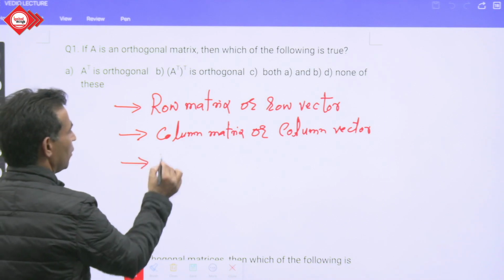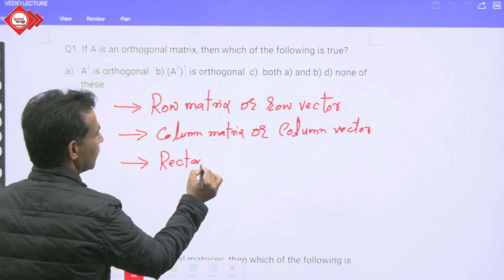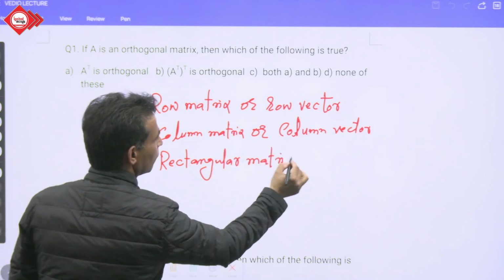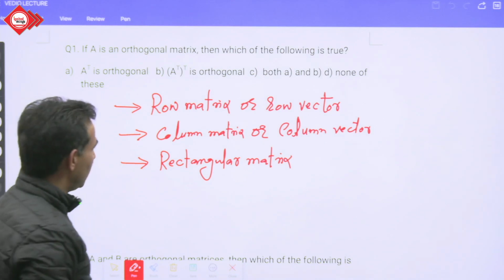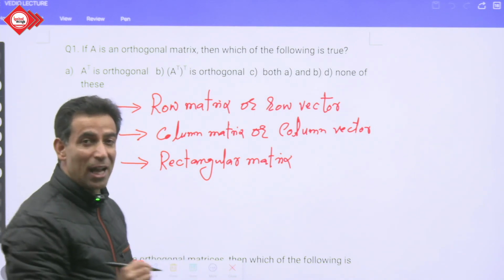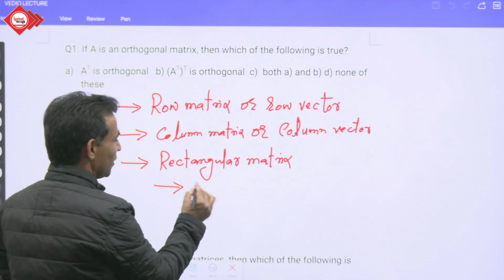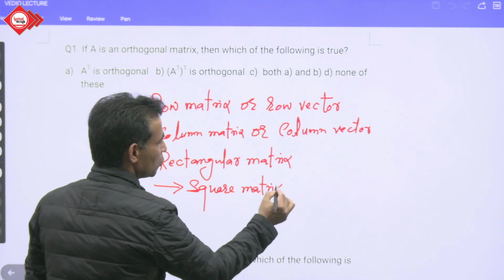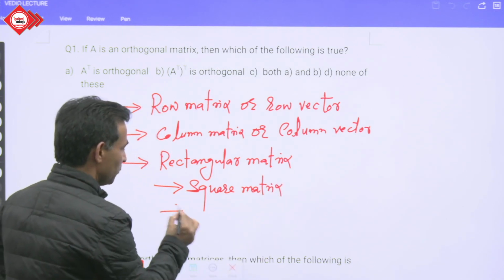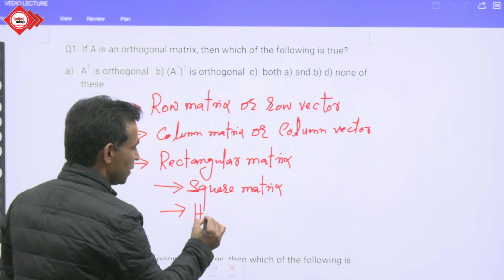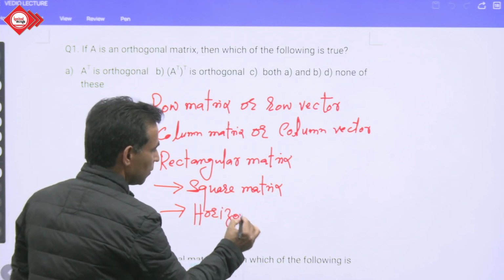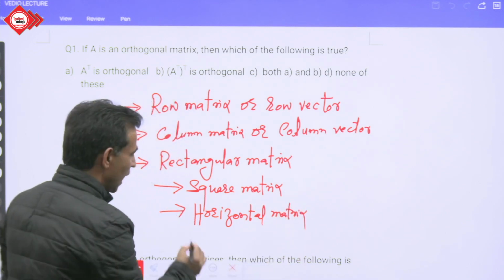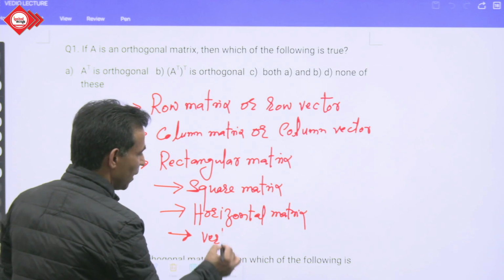We have rectangular matrix. Rectangular matrix has three subtypes. Number one, square matrix. Number two, horizontal matrix. And number three is vertical matrix.